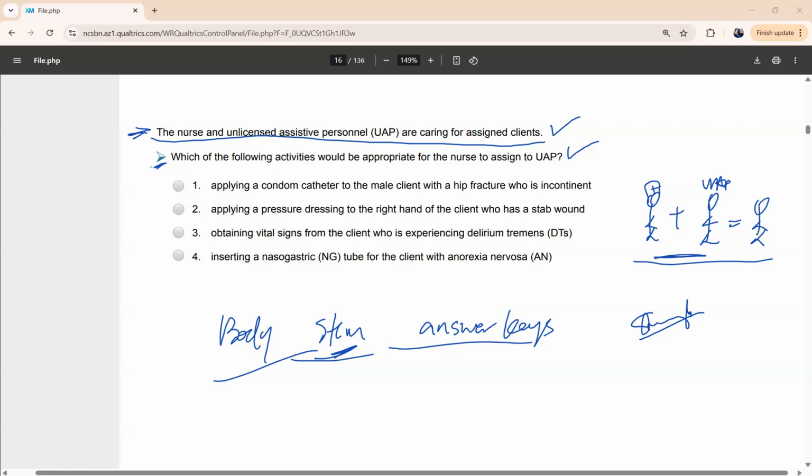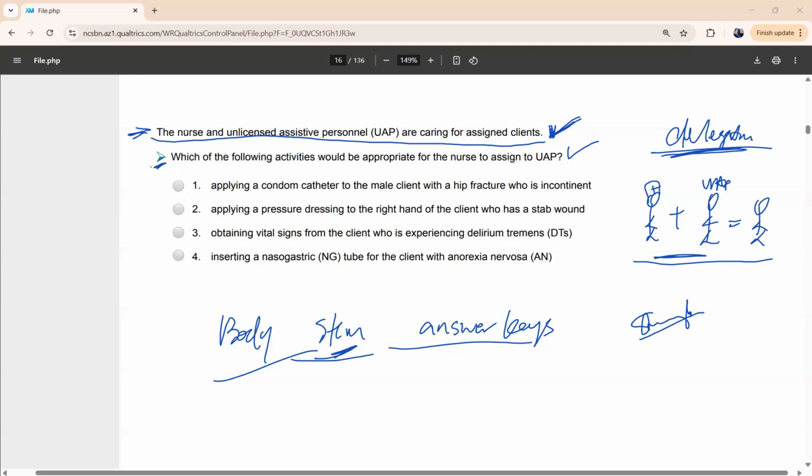Now this is the way the NCLEX writes a delegation question. If the NCLEX says the nurse and UAP are caring for assigned clients, that's the way the NCLEX writes a delegation question. Normally, if the nurse or the UAP is caring, there's a specific care the NCLEX will give you in the body of the question.